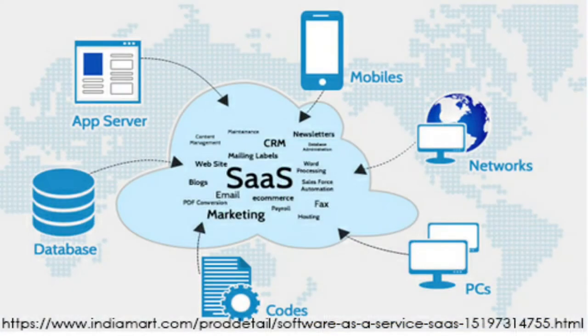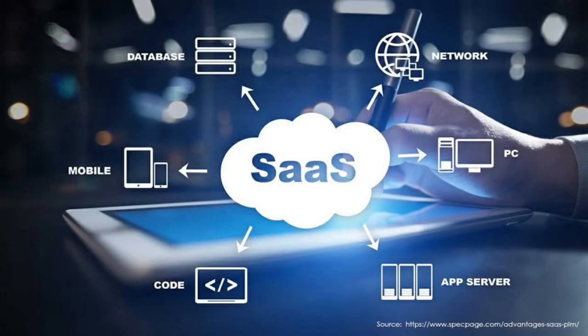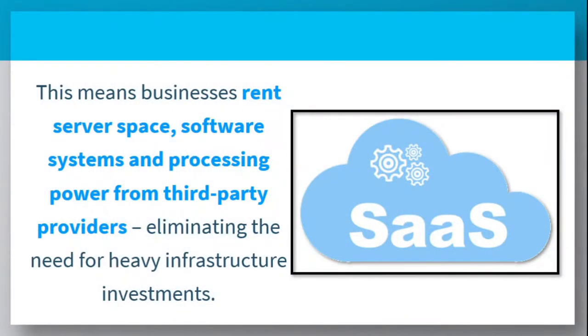They don't need to buy their own machines now. They don't need to buy hardware equipment for their servers now. All they can do is rent server space, get software systems and processing power from third-party providers, and they would still get the business done, right?